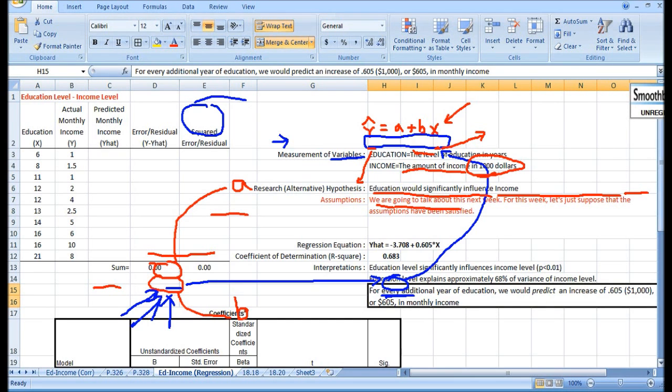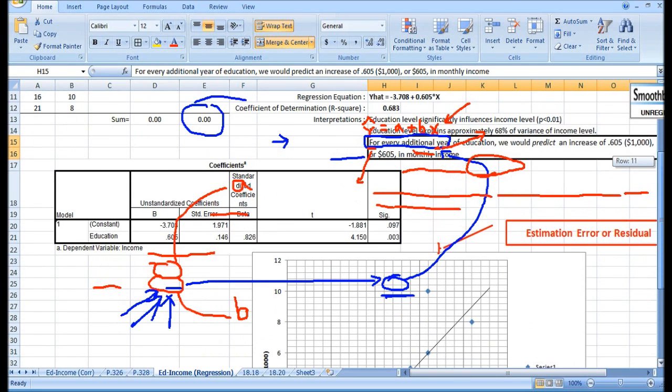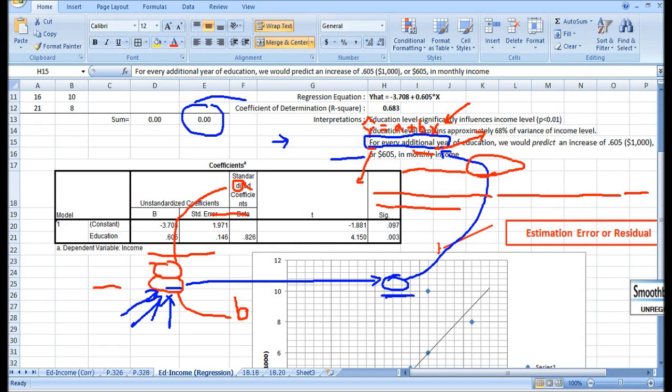So we have to multiply by $1,000 to get the predicted value of the dependent variable.